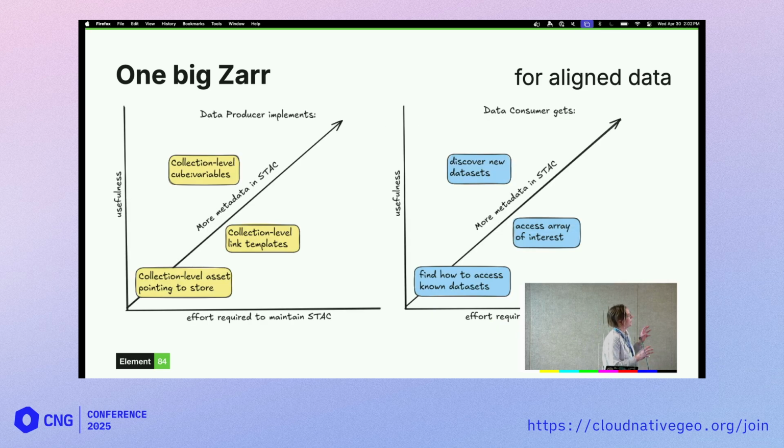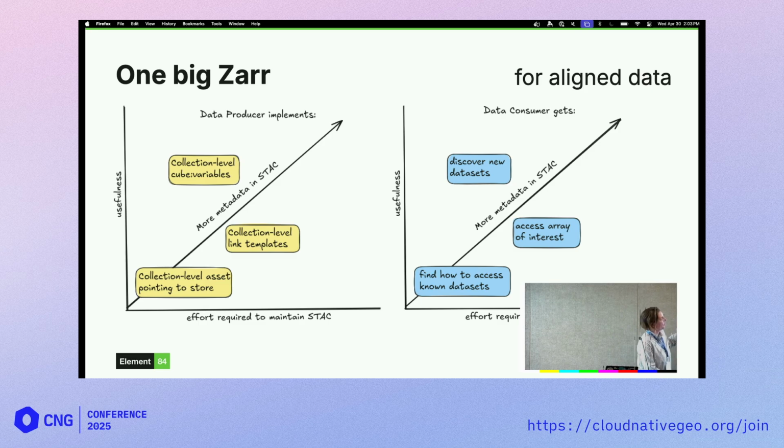And then you have some ideas about when you ask how much metadata should I abstract out of the Zarr and put in my STAC. I think it depends on what you want your users to be able to do. So the simplest possible case is you just have a collection with an asset that points to the store. So that's down here.